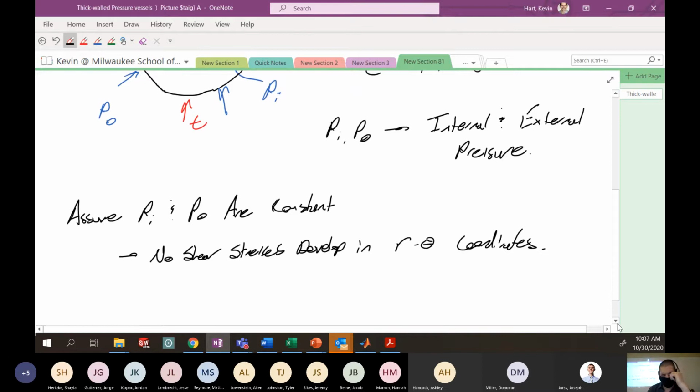Now, we want some sort of equations that give us the radial stress at a point of interest, the hoop stress at a point of interest, and also the axial stress.